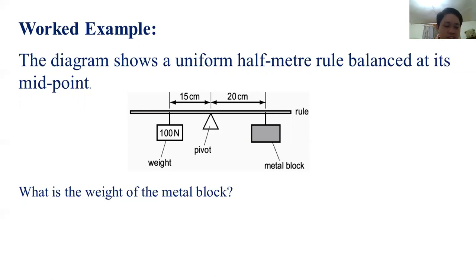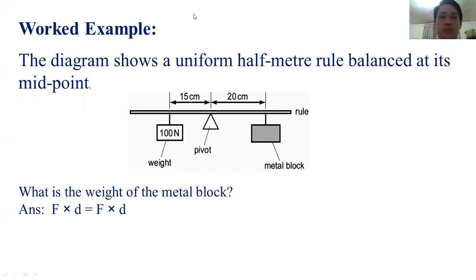So what is the formula that we can use, as we mentioned a while ago? We will use the formula F times D is equal to F times D. In short, the total clockwise moment is equal to the total anti-clockwise moment.